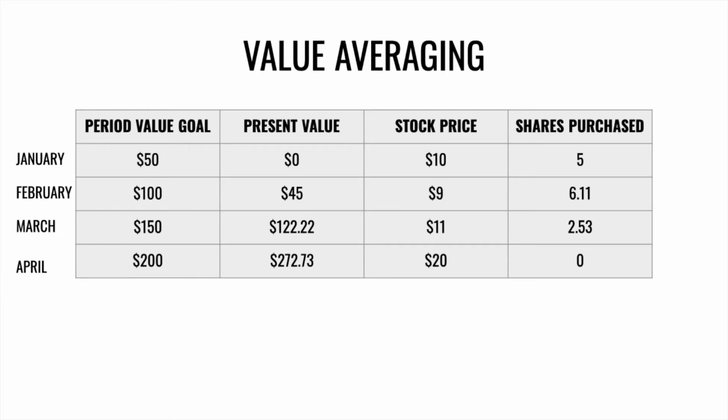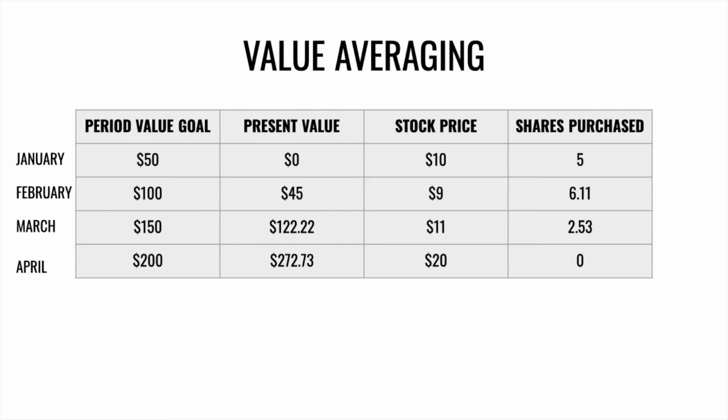Now April, if you remember by April 1st, XYZ had gone up to $20. So the current value of my investment is 5 plus 6.11 plus 2.53, which is 13.63 shares. And 13.63 times the stock's current value, $20, means my investment is now worth $272.73.